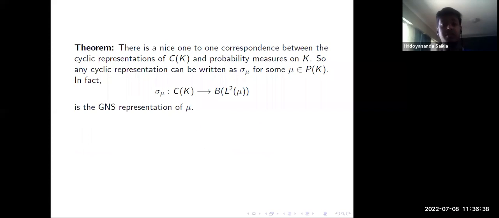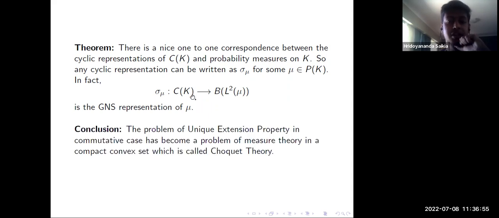So what I mean by this theorem is that there is a very nice and natural one-to-one correspondence between the cyclic representations and the measures on the convex set K. Now, what we can conclude here is that the problem of unique extension property in the commutative case has become a problem of measure theory on a compact convex set.